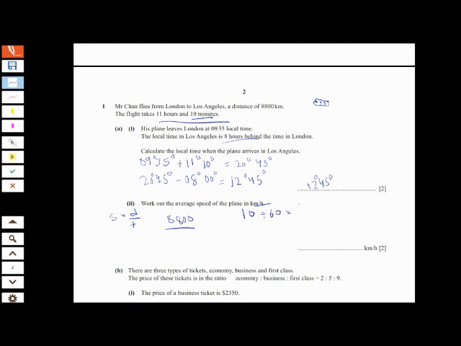That gives 1/6. So 11 plus 1/6 gives 67/6. And so basically 8,800 divided by 67/6 gives 788 kilometers per hour.